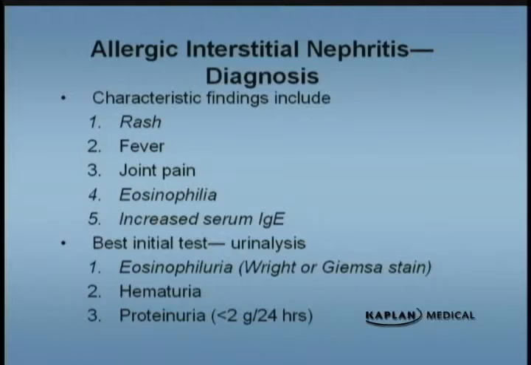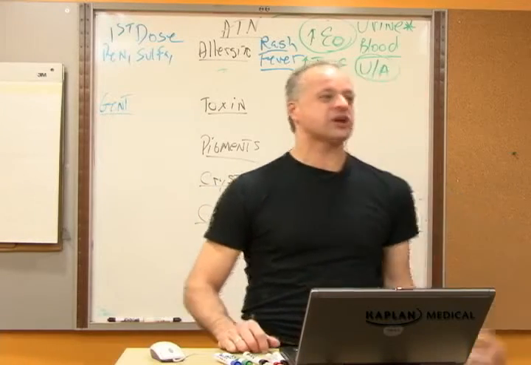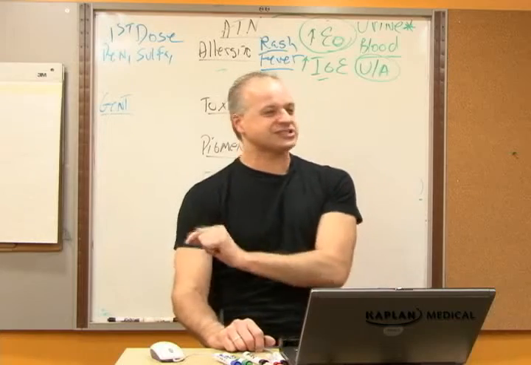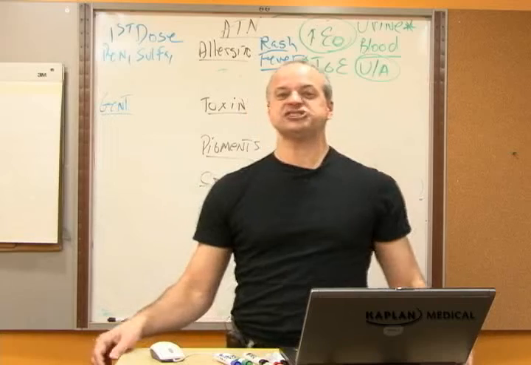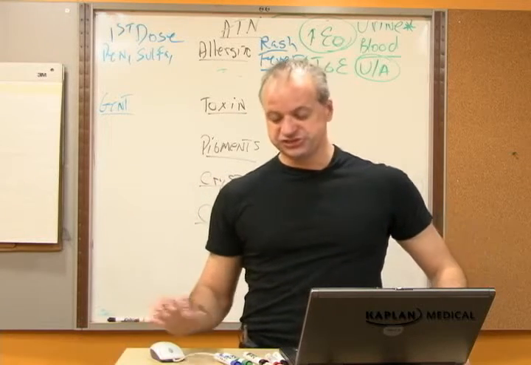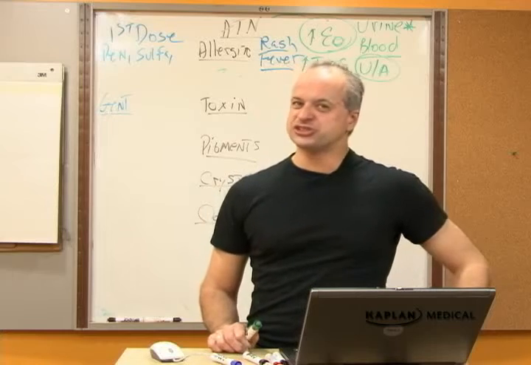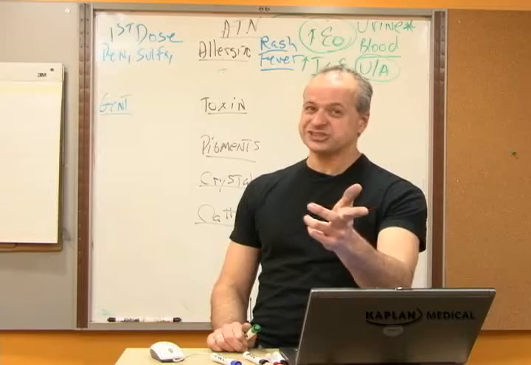For extra bonus points for the brand new car and the dream home in Westchester, New York, what is the single most accurate test for eosinophils in the urine? It's a specific test called Hansel's test. Yeah, Hansel, like Hansel and Gretel.